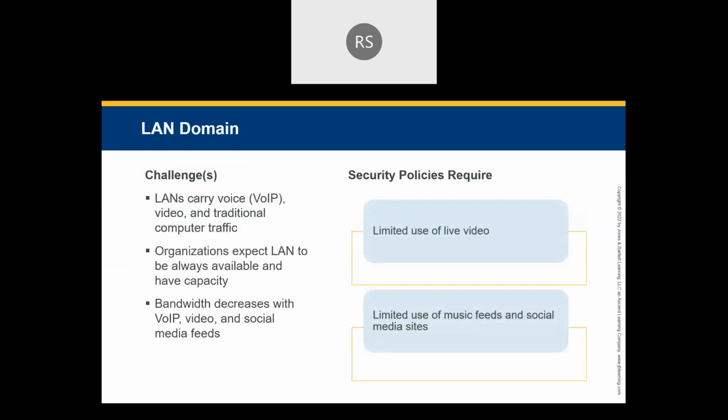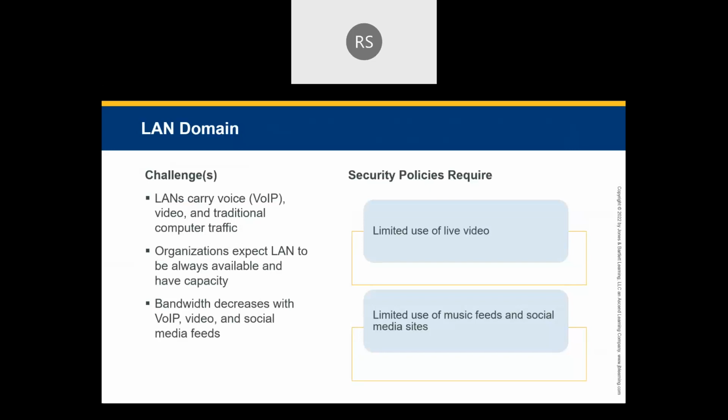So, to address the challenges posed by the traffic and bandwidth constraints in the LAN domain, a couple of security policies would be to limit the use of live video. Streaming live video over the LAN can consume significant bandwidth and impact the performance of other critical network activities.